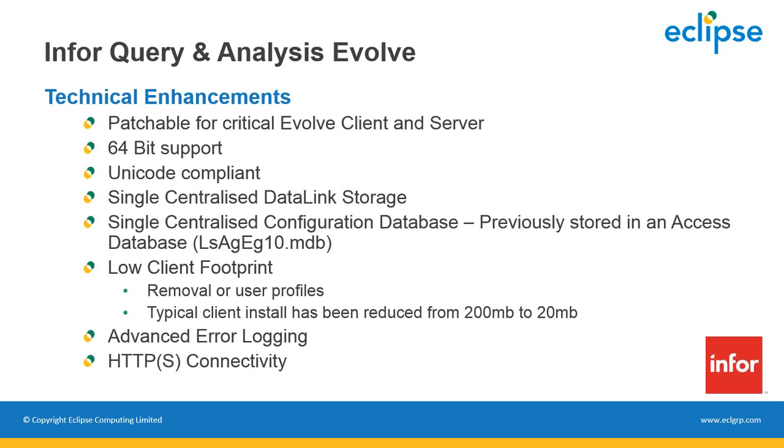Previously, even with releases of Sun right up to 6.1, you still needed to have separate language collation business unit databases to handle those differences. Of course, with Sun 6.2 now being fully Unicode compliant, Q&A Evolve is also fully Unicode compliant as well. Although there will be separate data links required if you're using a Unicode version of the database versus a non-Unicode version of the database.